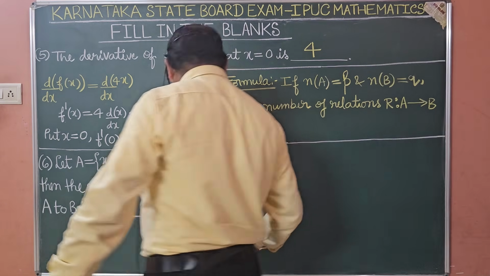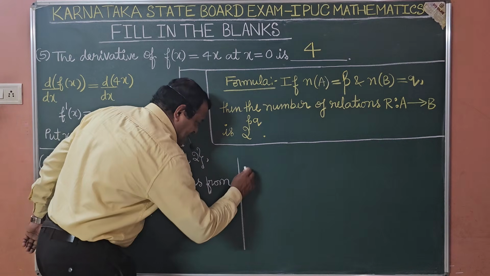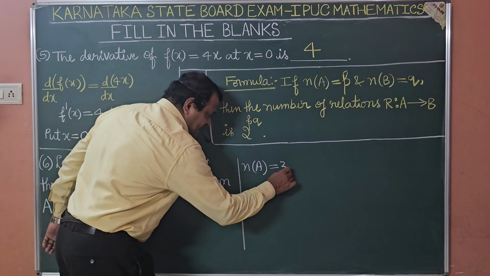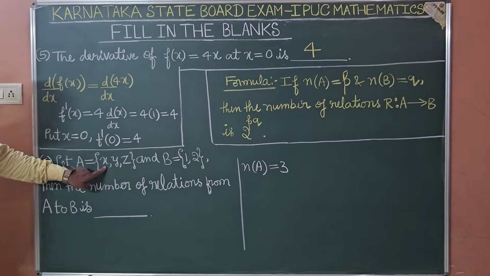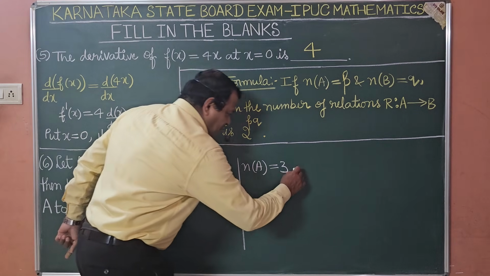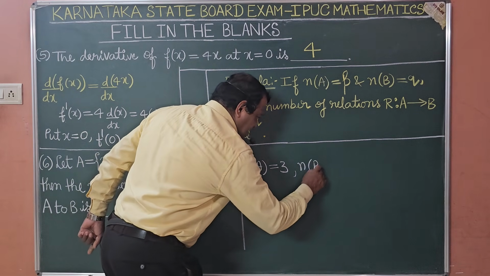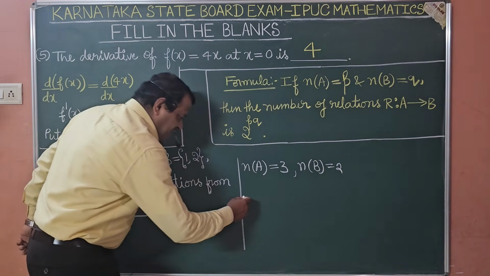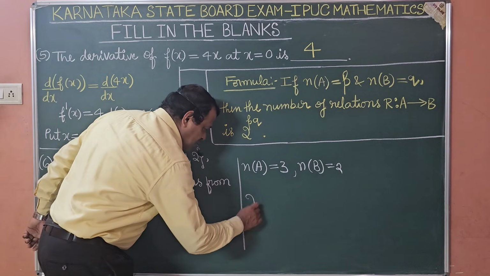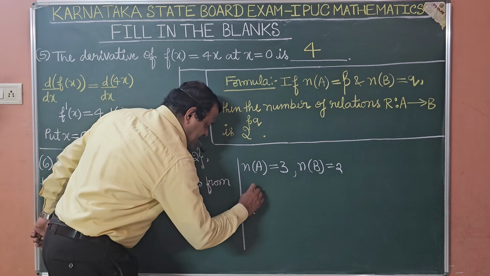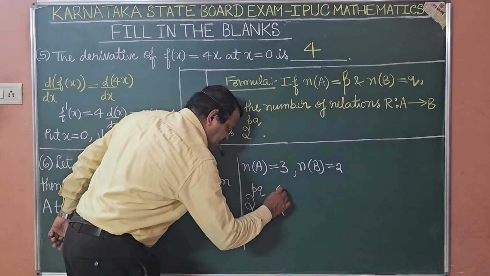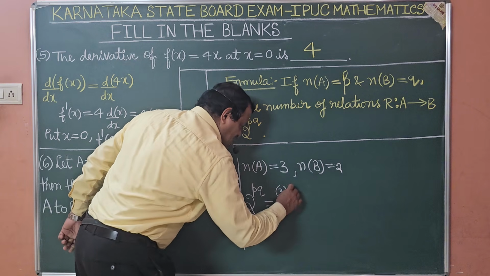Therefore in this exercise, first n of A, the number of elements in set A, is 3. Here you can say 1, 2, 3. The number of elements in set B is 2, say this 1 and 2. Therefore the number of relations is 2 power P into Q. P is 3 and Q is 2.